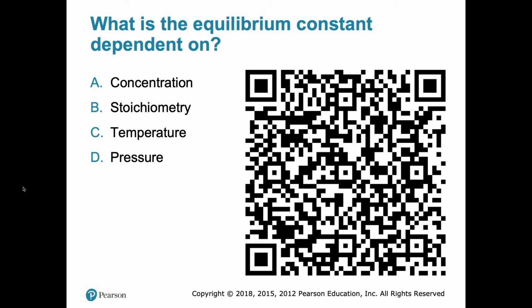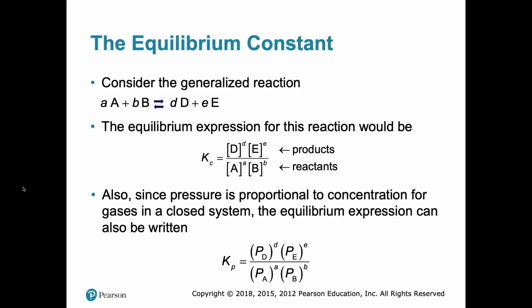It means the same thing as the coefficients in front of the equations. And when you're writing out the equilibrium expression, it really depends on the coefficients, the stoichiometry. Otherwise, you wouldn't know what to put there in those exponents, okay? Make sense?